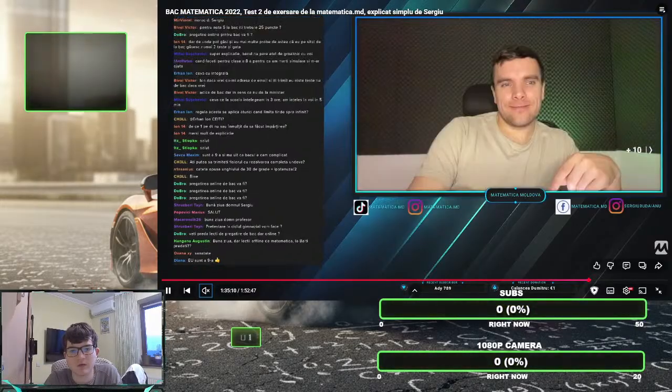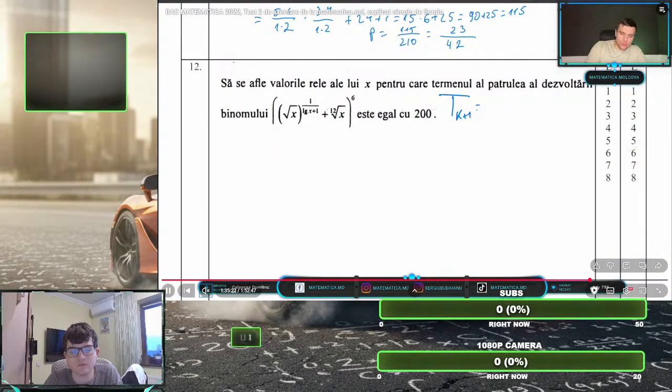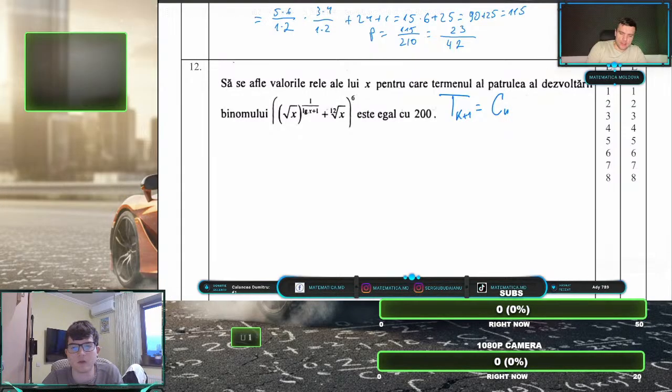Now let's go to this one, I guess. Here's the formula and so on. Log x plus 1, log base of 10.